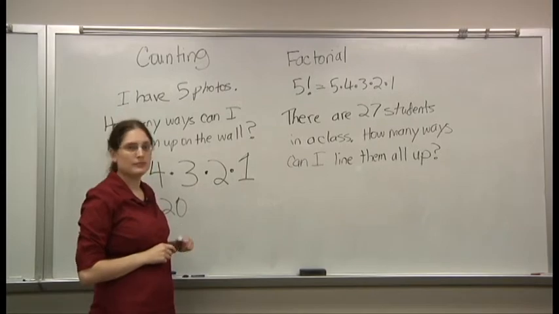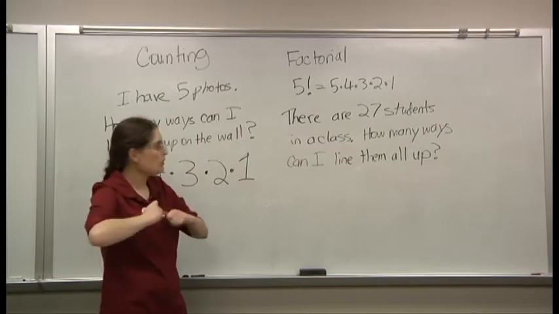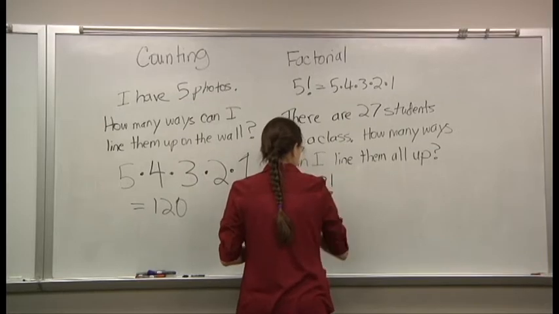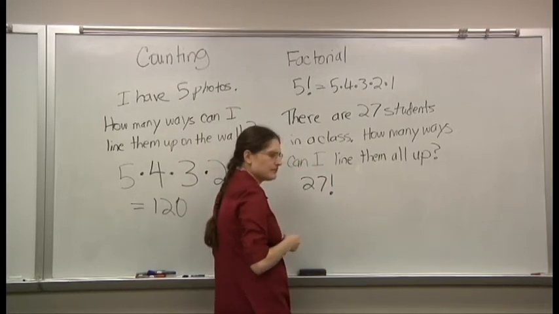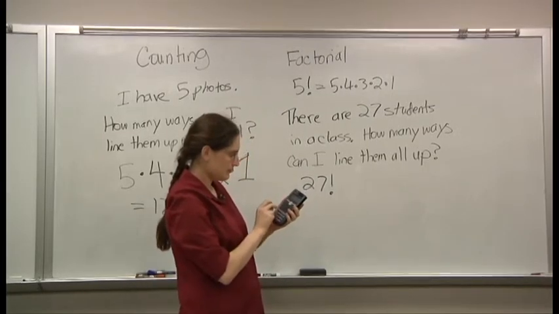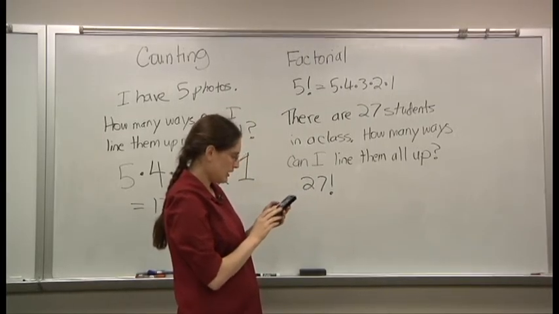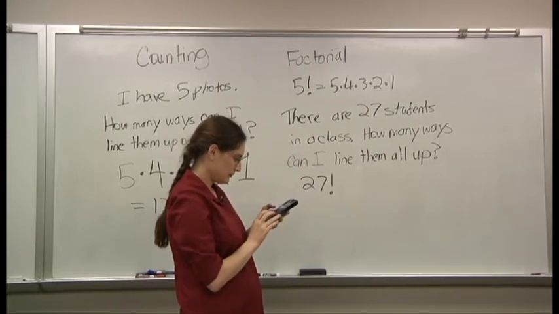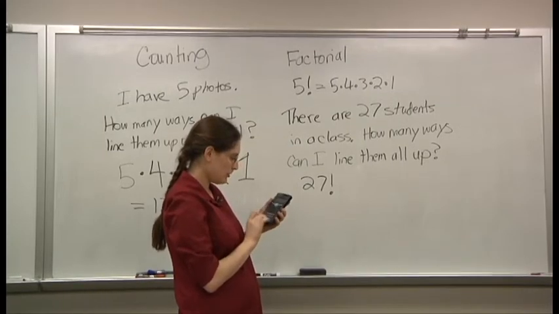Well, what do you think? You're right, it's 27 factorial. But what's that as a regular number? Let's find out. I need to hit the shift key to use my factorial.